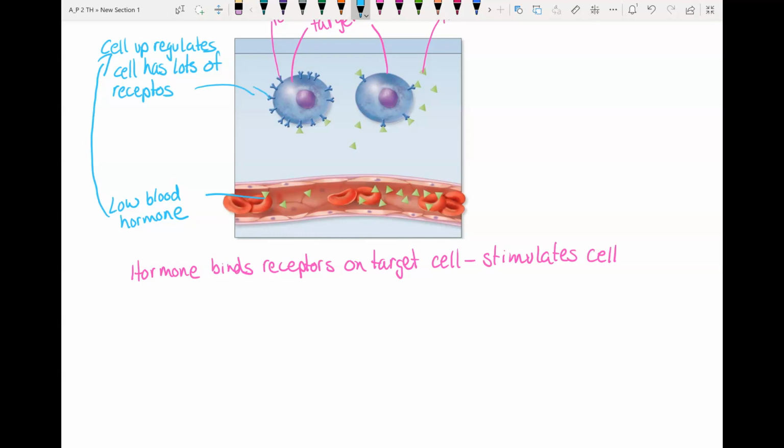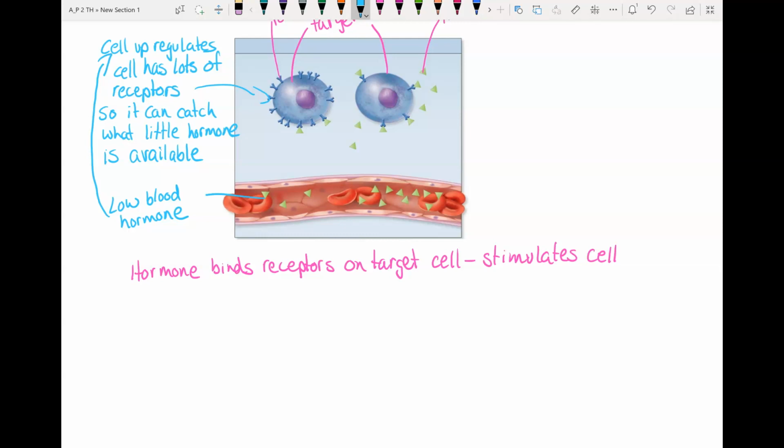As you can see in this picture, this cell has lots of receptors. It needs lots of receptors so that it has a better chance of catching what little hormone there is available. So low blood hormone level stimulates cells to have more receptors.